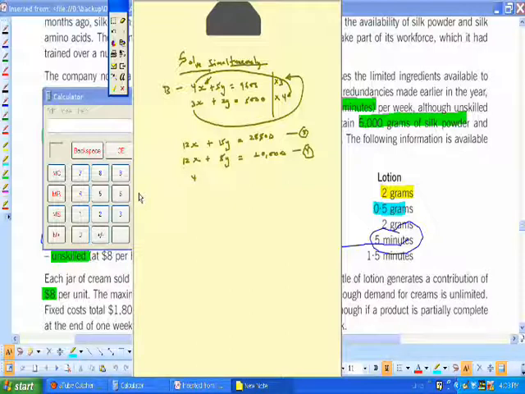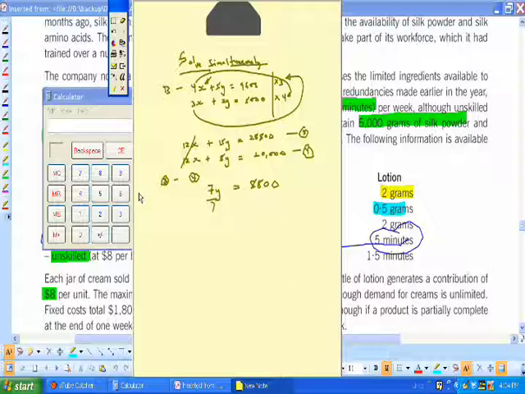Equation 3 minus equation 4. 15 minus 8 gives you 7y. You can see that the x's disappear. Now 28,800 minus 20,000 gives you 8,800.